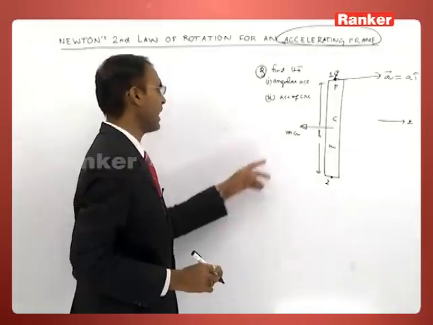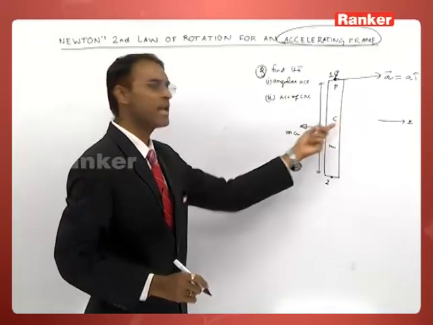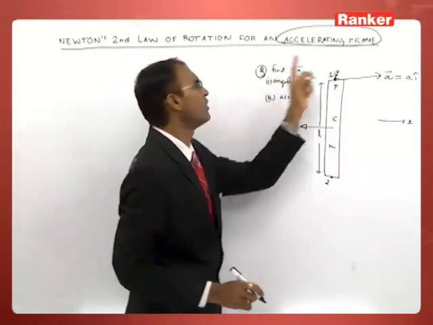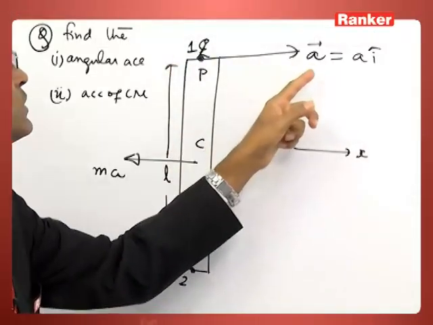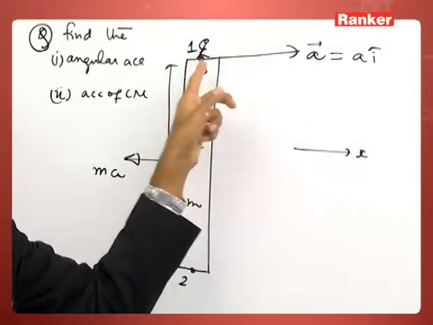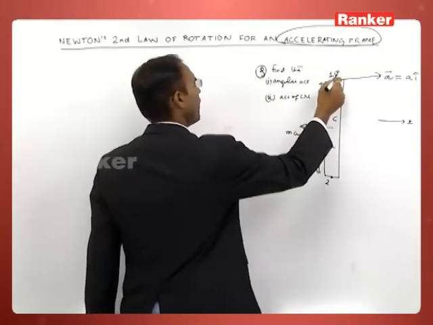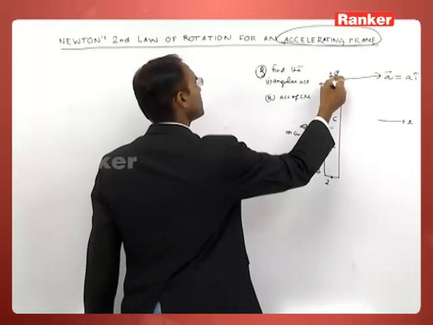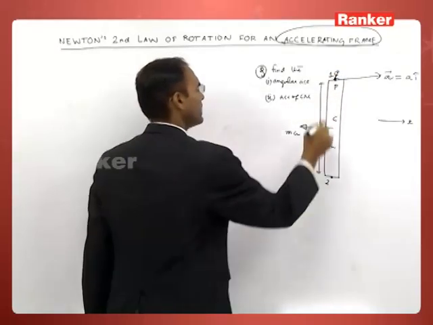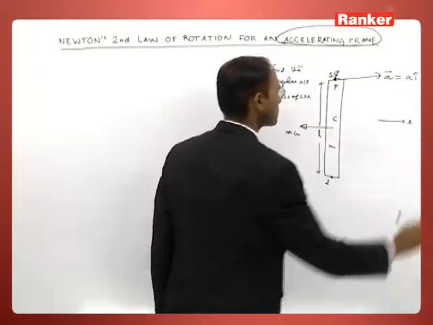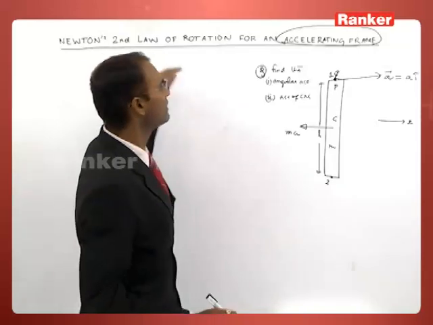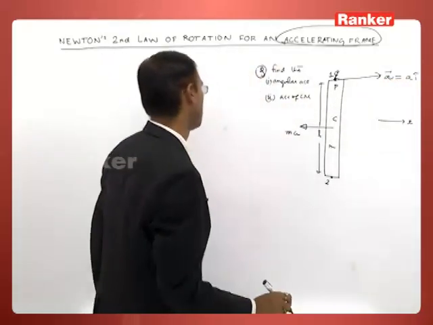The pseudo force is ma, magnitude is ma, and direction I have shown, which is negative or opposite to the acceleration of this pivot or end point. It's not exactly a pivot, this is the end point. It is constrained to move with a uniform acceleration along x direction.